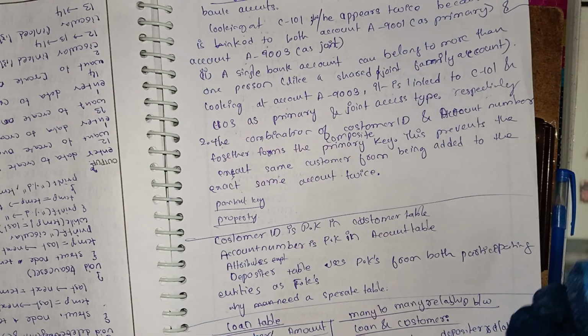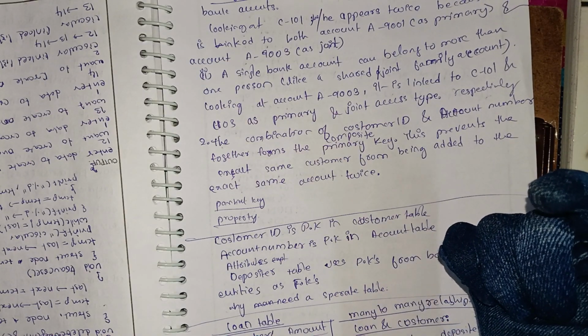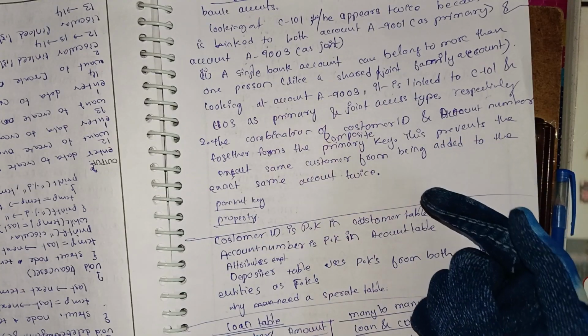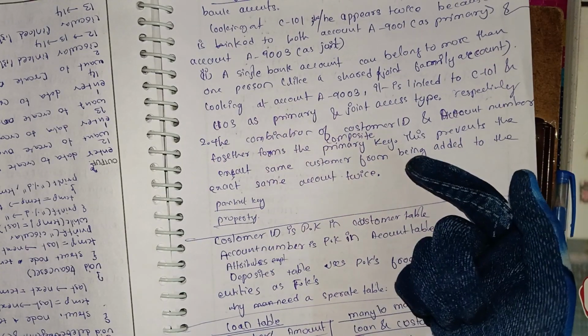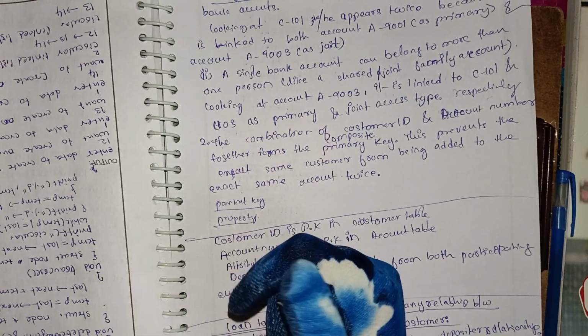And the property is each partial key value should have a unique primary key value.